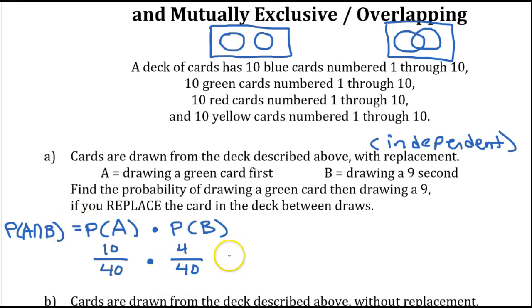If I just multiply these together without reducing anything, that's going to give me 40 over 1,600.